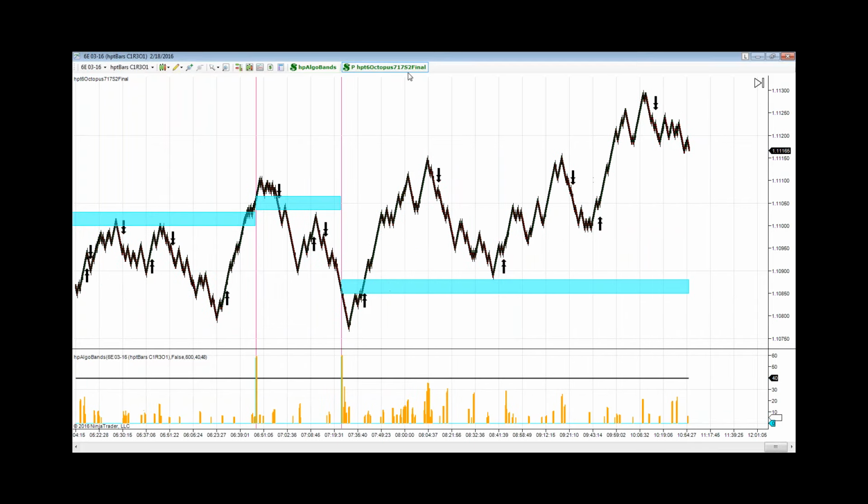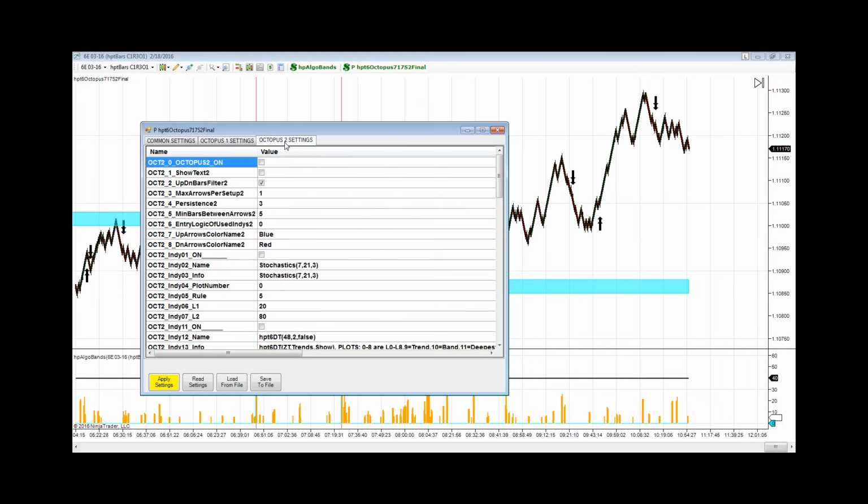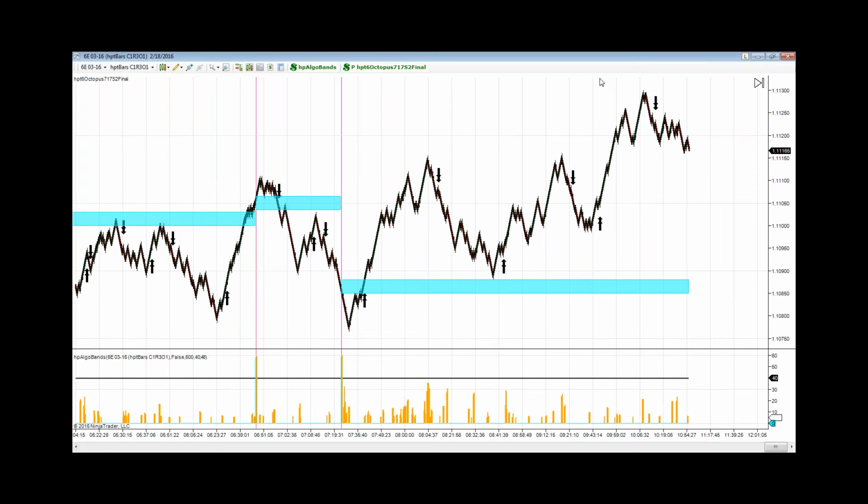And I turn off the second entry. Now I could turn the second entry on. Let's just see what we have. Okay, I haven't really looked at this because I don't normally want to confuse things, but let's go ahead and reload it and let's see what our blue arrows and red arrows show.